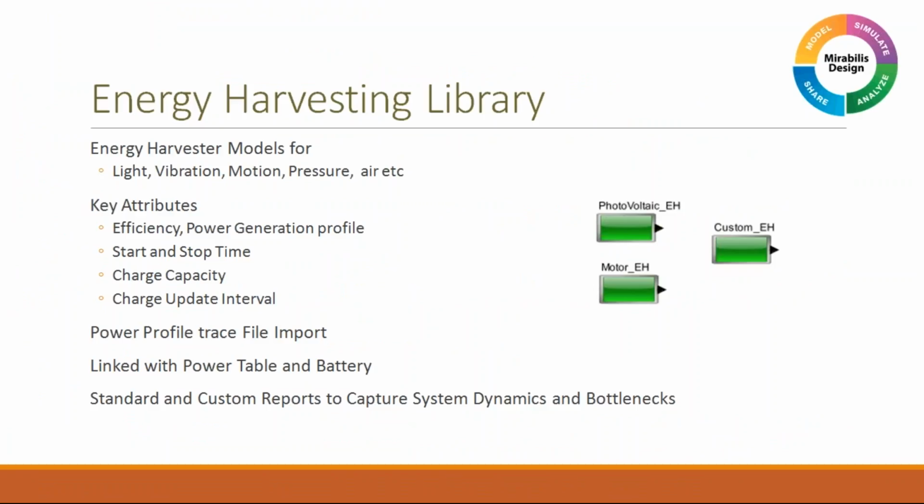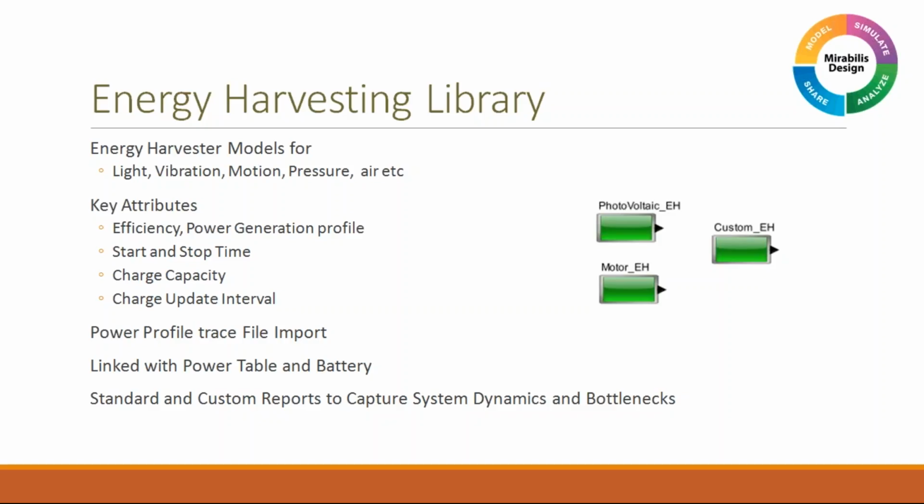Each energy harvester model includes a certain set of key attributes: the efficiency of your power generation, the start and stop time for energy generation, the maximum capacity of charge that you can generate, and the charge update interval as well. And if you have any power profile trace files, you can also import those into photovoltaic, motor EH (motor energy harvester), or custom energy harvester models as well.